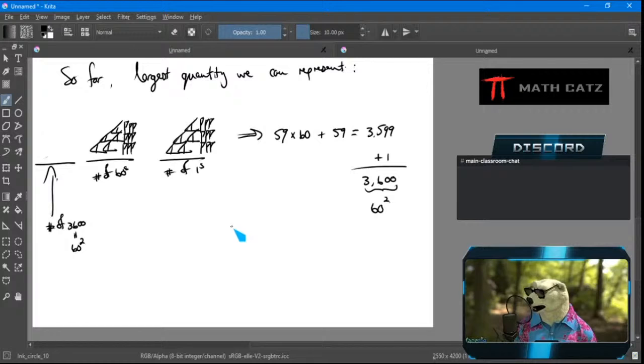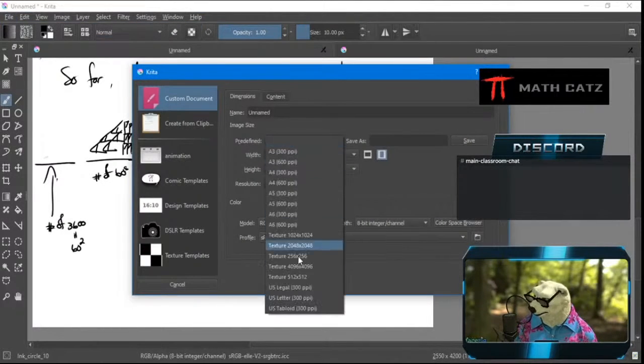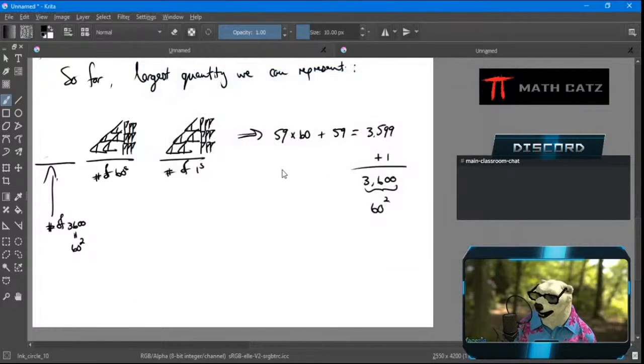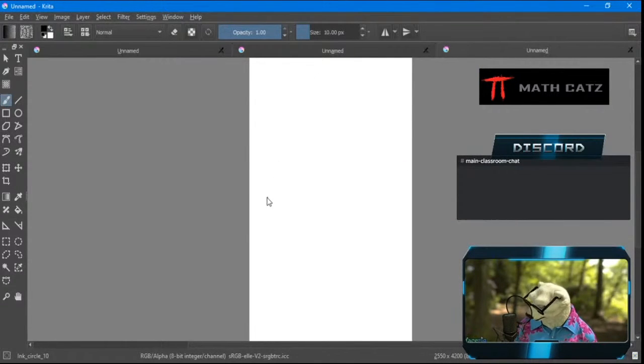So this will allow us to handle bigger and bigger numbers by just adding more places as we need to. So let's see some exercises where we can practice that. Now, of course, the bigger the numbers, the more work I have to do, the slower things go. But the underlying principle is not any different.